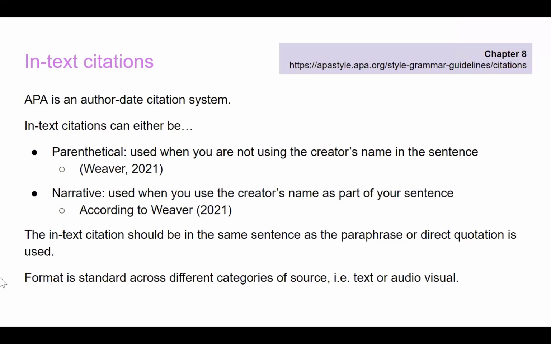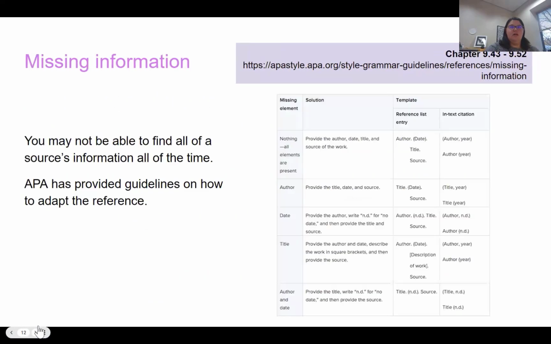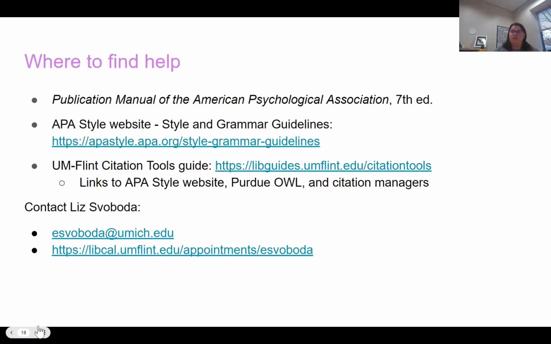Okay, cool. All right. So if we don't have any other questions, I'm going to leave you with some places to find help. The APA style website or manual is the best place, obviously. The style and grammar guidelines on apastyle.apa.org are a really good source of online material.